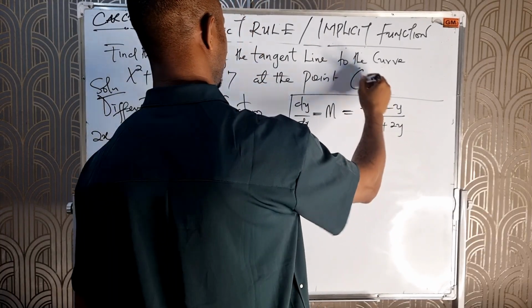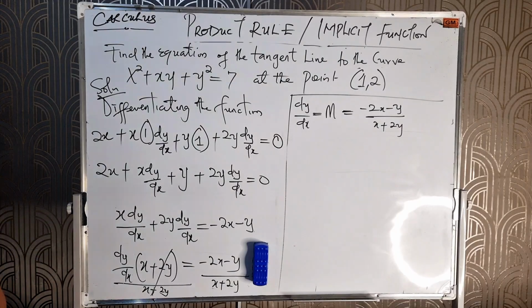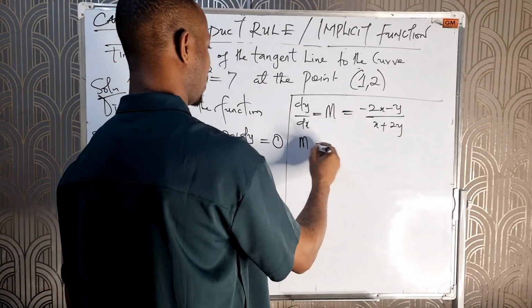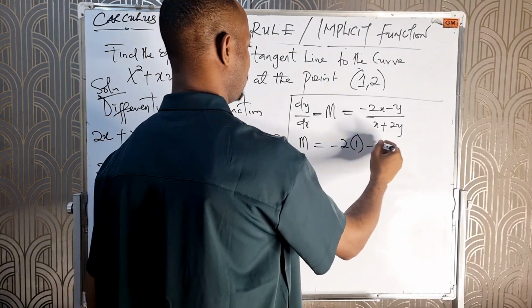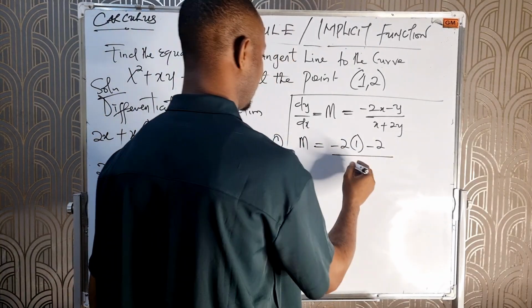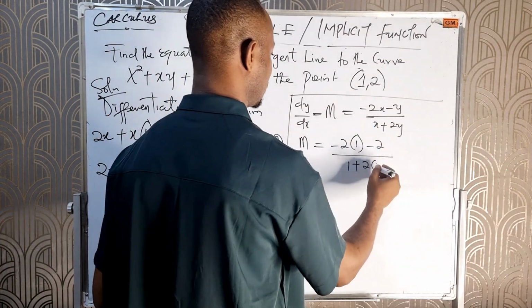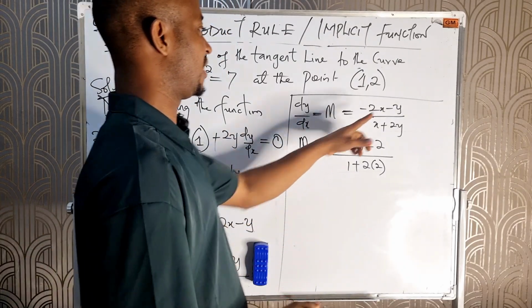Don't forget we are given a point here. The point is 1,2, right? Yes, 1,2. So let's put in our value. Our slope becomes minus 2 times 1 minus 2 divided by 1 plus 2 times y, which is 2. Here we are putting in the value of x.